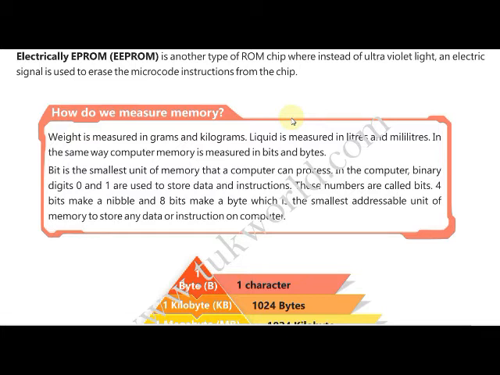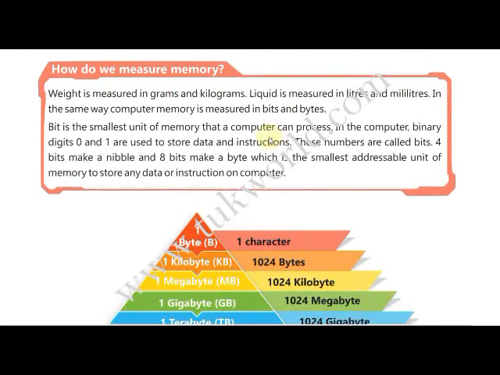Like this, to measure the memory of a computer, we have a standard unit. What is that? Bytes. But byte is not a single unit, it has many different units in which you can measure computer memory. Byte is the initial unit.